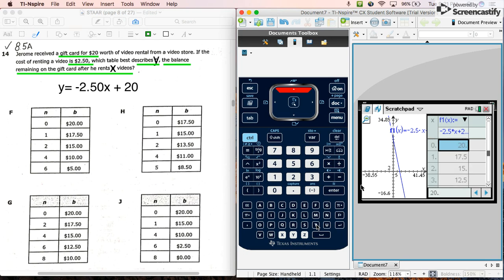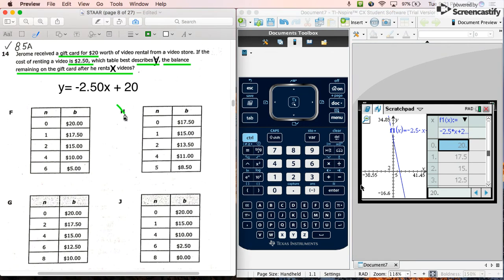I'm going to start with 0, 20 because that's my y-intercept. If I look at them, I have a 0, 20 for F, I have a 0, 20 for G, I have a 0, 20 for J. The one that doesn't have a 0, 20 is H. So I know I can eliminate H because the y-intercept is not correct. From there, I'm going to start looking at the other numbers. So I'm going to go to 1.